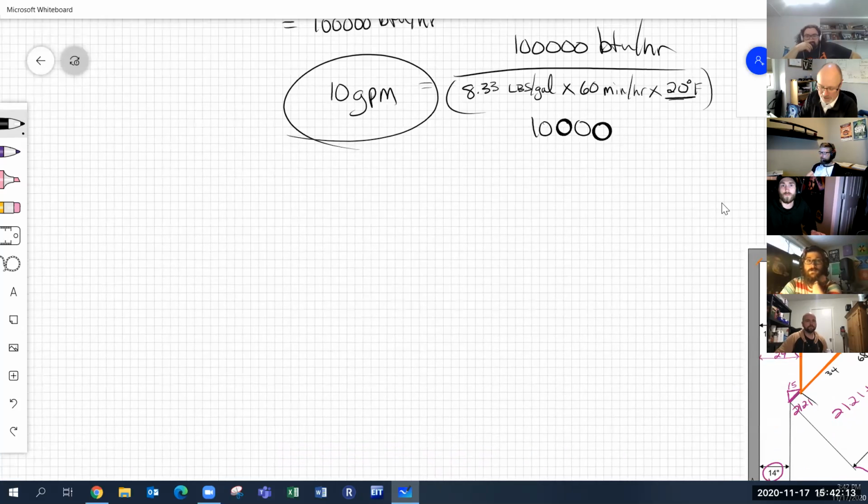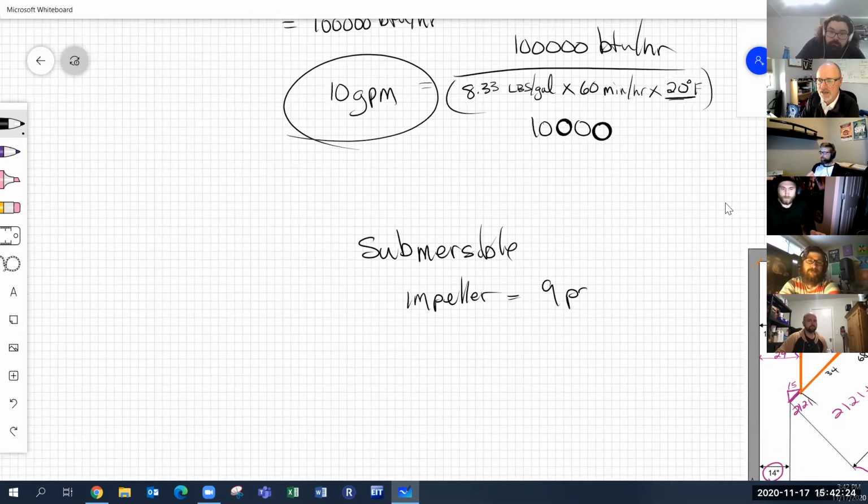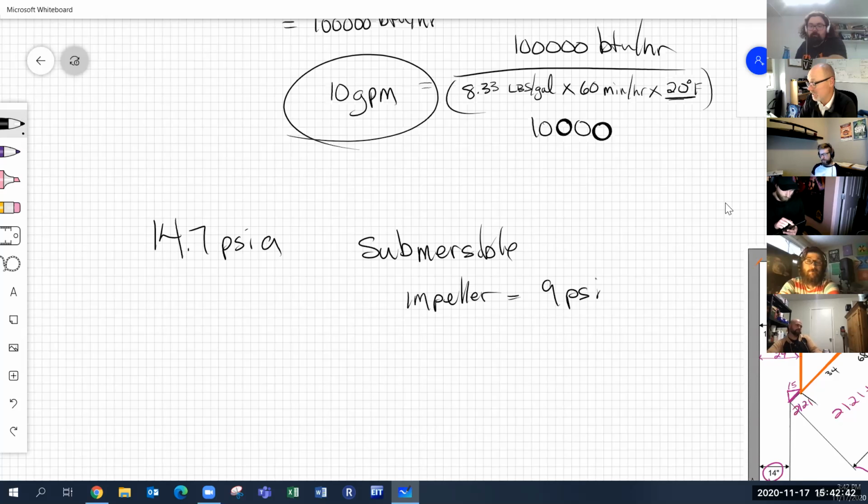Now, speaking of pumps, you know if you have a submersible, each impeller is 9 PSI capable of pushing, right? Each impeller in a pump. Now, if you only had atmospheric pressure to actually lift or suck from, say, a jet pump or a cistern, you would find out how much you can lift by taking atmospheric pressure divided by the pressure per foot.